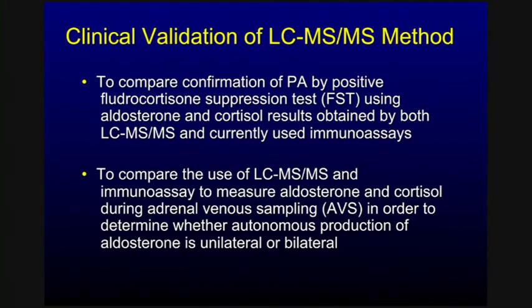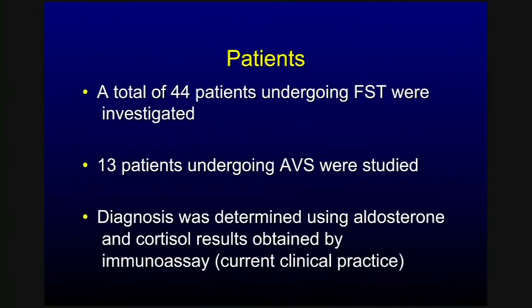And you'll remember the FST is used to provide positive confirmation of primary aldosteronism, whereas adrenal venous sampling is used to determine whether the primary aldo is unilateral or bilateral. So he looked at a total of 44 patients undergoing fludrocortisone suppression testing and 13 patients undergoing adrenal venous sampling.